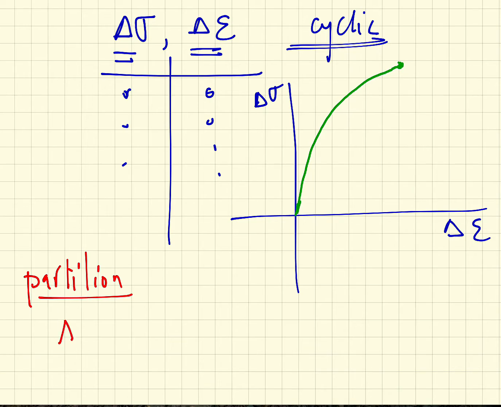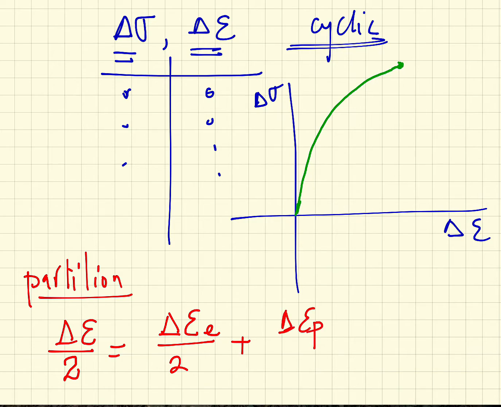The deformation strain, delta epsilon, we're going to divide by 2 because we have half in tension and half in compression. So we can write delta epsilon over 2 is composed of 2 parts. One is delta epsilon elastic over 2, and the other one is delta epsilon plastic over 2.